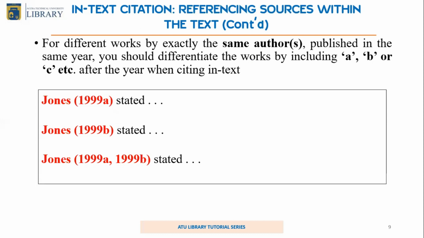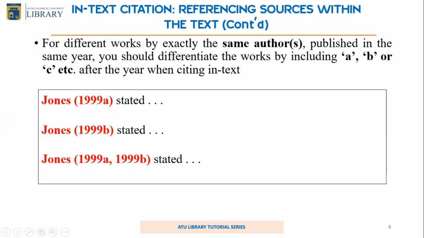Take note of these 2. For different works by exactly the same author or authors published in the same year, what we want to lay emphasis on is the same year. You should differentiate the works by including A, B, or C, etc. after the year when citing in-text. So we are using Jones.